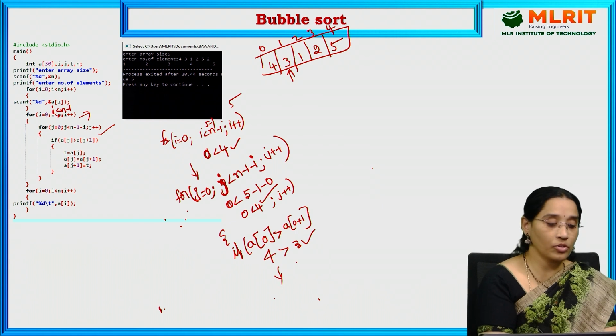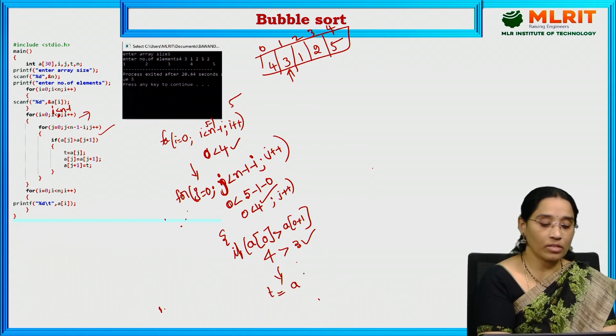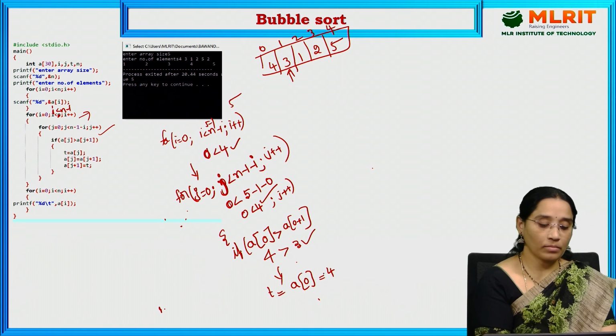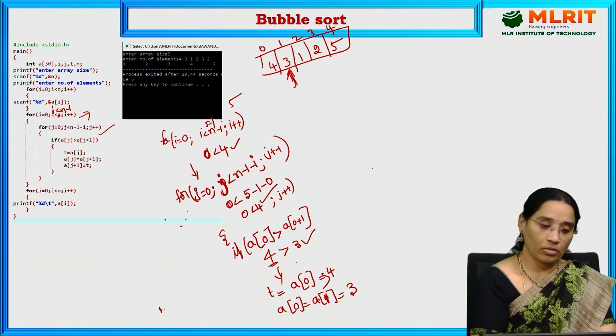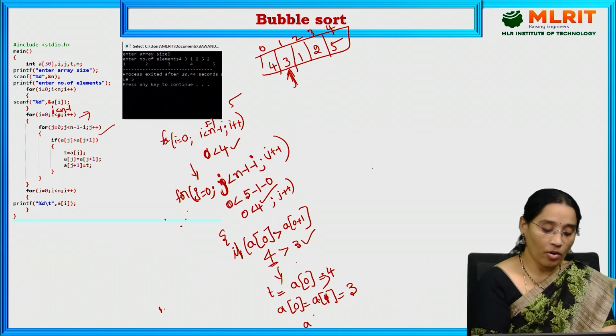So now control will enter inside. t equals a of 0, that is 4, because a of 0 is 4. Next, a of j, a of 0, equals a of 0 plus 1, that is a of 1, which is 3. Next, a of 0 plus 1, that is 1, equals t, which is 4.